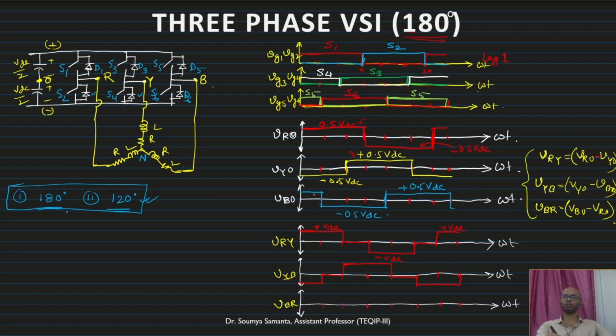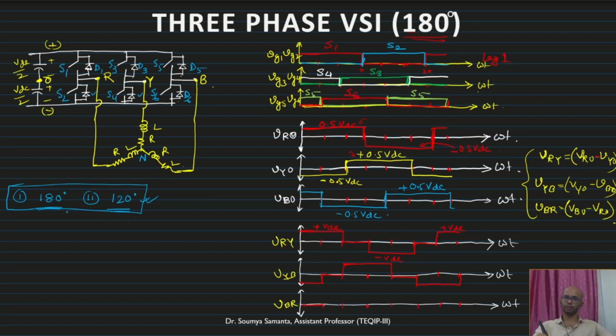So BO minus R. BO is 0.5 VDC, and this is also 0.5 VDC, but there is minus 1 here. So what we will get? We will get plus 0.5 VDC minus 0.5 VDC. So this will be 0. Initially it will start with 0 up to 60 degrees, and then we are getting minus 0.5 VDC, and this is minus plus, and there is minus 0.5.